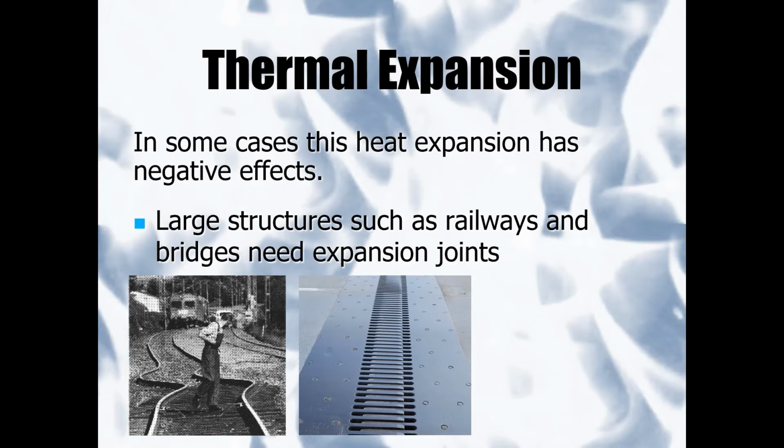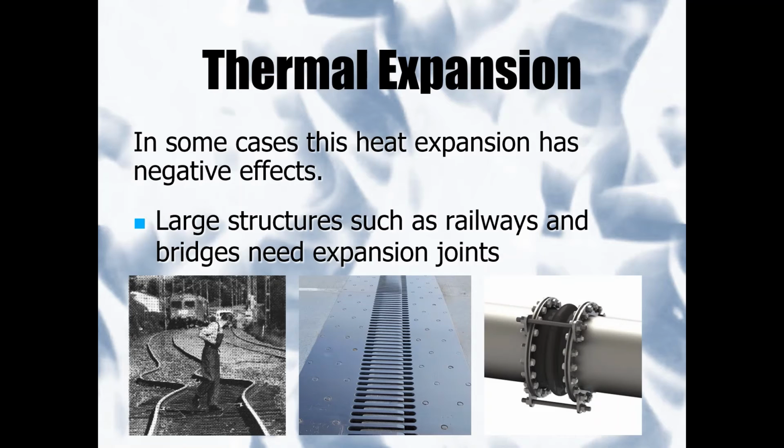And another place you might see this is in long stretches of pipe. So here we have an expansion joint in a long stretch of pipe. This allows for the whole pipe to expand and contract and to stop it from cracking. Obviously, you don't tend to see these kinds of expansion joints in your home. So instead, what a plumber would do is put a bend into the pipe, like a joggle, and that would allow for the pipe to expand.